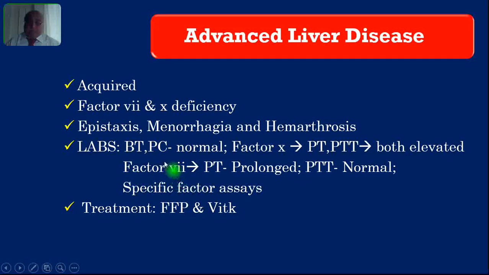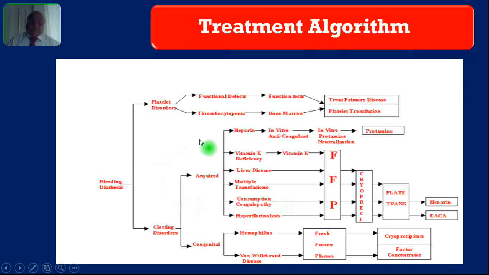Suppose it is only factor 7 deficiency, only PT will be prolonged, whereas the PTT will be normal. You have to do a specific factor assay to know whether it is factor 10 deficiency or factor 7 deficiency. Treatment: you can give FFP and you can also give vitamin K.